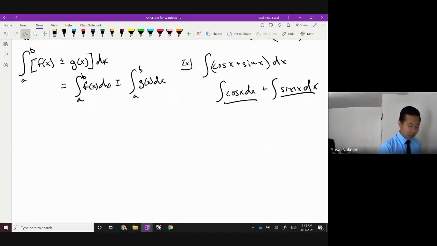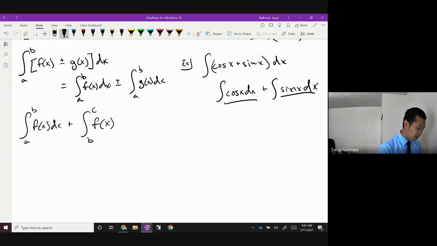Last but not least, if I have the integral from a to b of a function plus the integral from b to c of the same function, that's just going to equal the integral from a to c of that function.